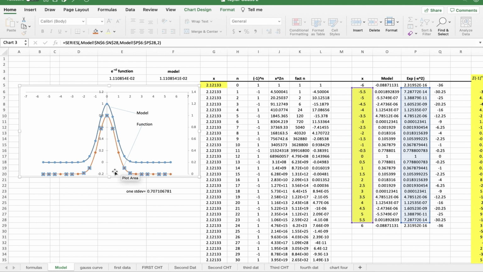Now, the only difference is that I offset their axes in such a way that the zero for the orange curve is down here at minus 0.2 on the x-axis of the model.